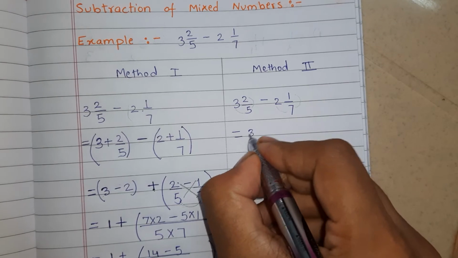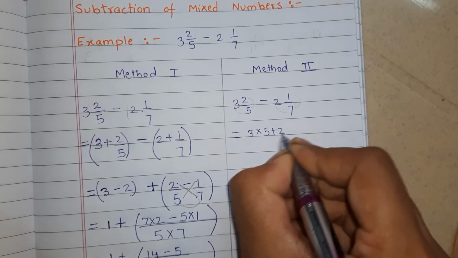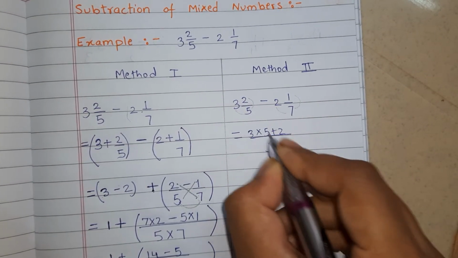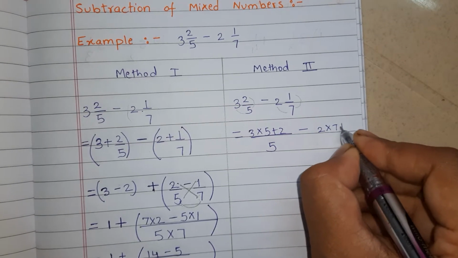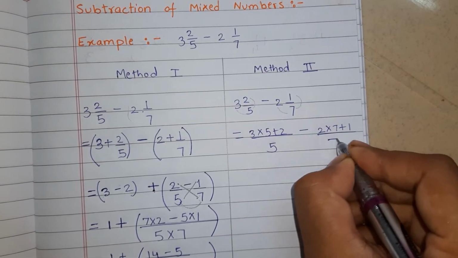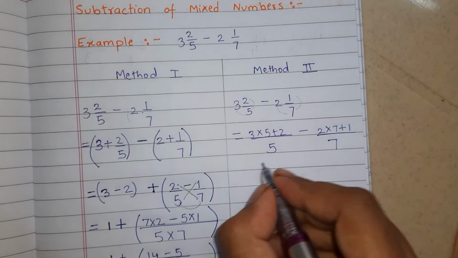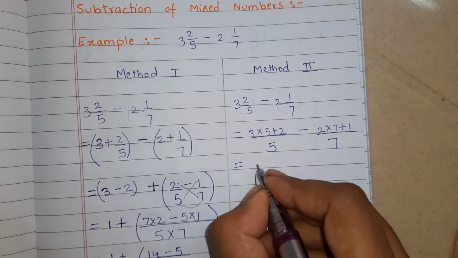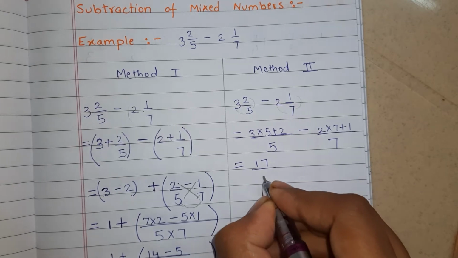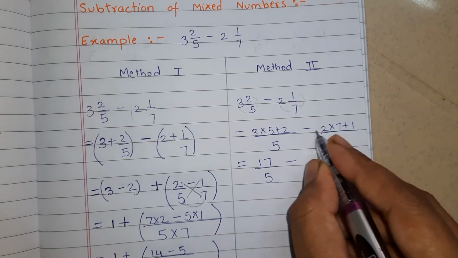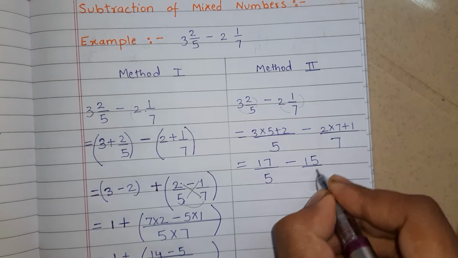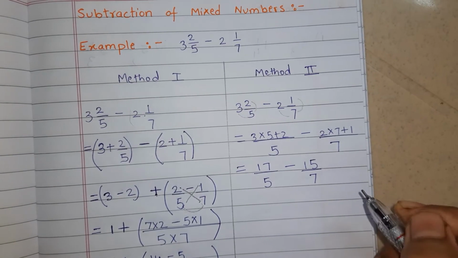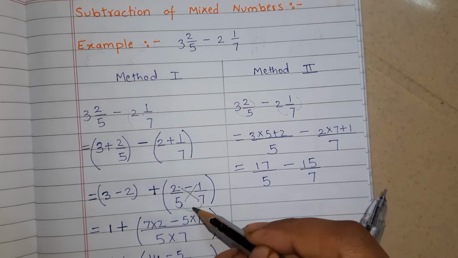So 3 into 5 plus 2 upon 5, same denominator, minus 2 into 7 plus 1 upon the same denominator 7. Now 3 5s are 15 plus 2, 17 upon 5, minus 2 7s are 14 plus 1, 15 upon 7.